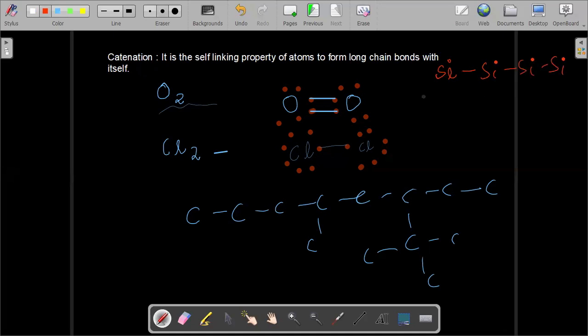Only 4 atoms of silicon can be joined together, not more than that. So catenation is the self-linking property of atoms to satisfy their configuration. Got it?